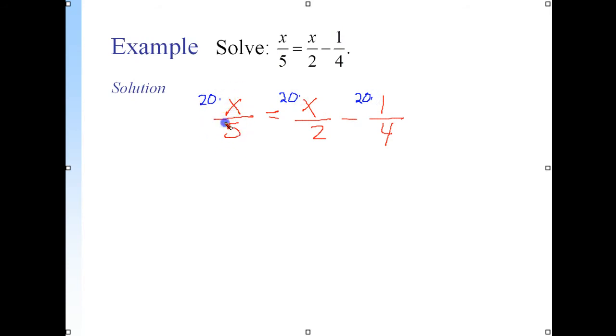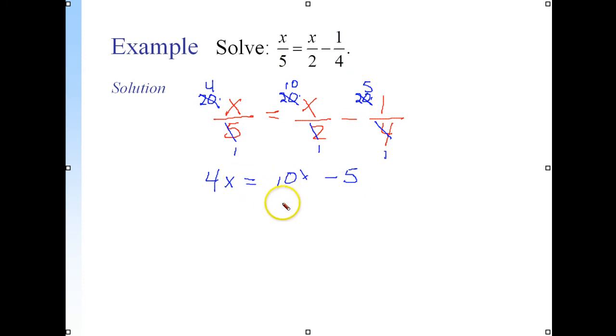Now notice what happens. The 5 cancels, and we end up with a 4. The 2 cancels, we end up with a 10. The 4 cancels, we end up with a 5. Notice now all my denominators are 1. Okay, so now we multiply through, and this gives us 4x equals 10x minus 5.